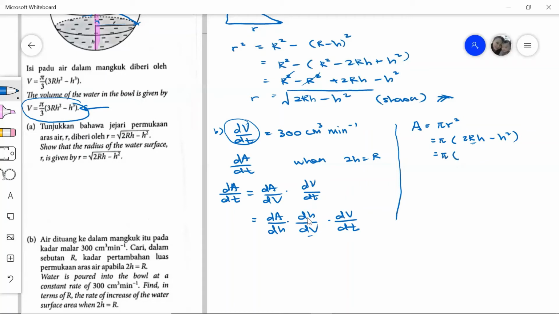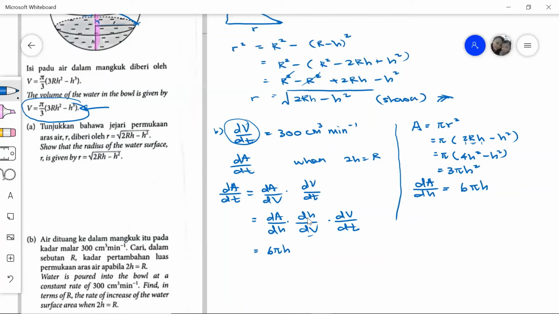So pi, r is 2h, so 2h multiplied with the remainder 2h, we have 4h squared minus h squared. So over here we have 3h squared, so 3 pi h squared. Then we can find dA by dh, that is 6 pi h. So we found the dA by dh, 6 pi h, and then dh by dV.